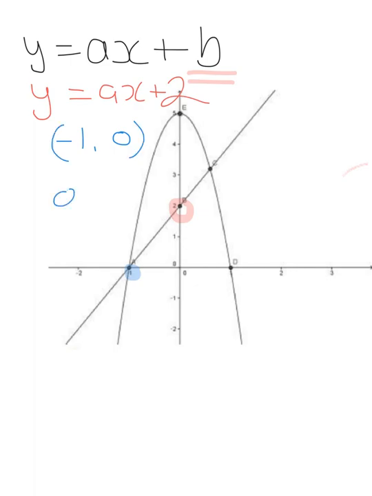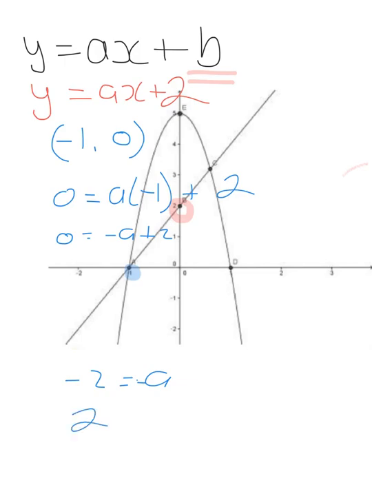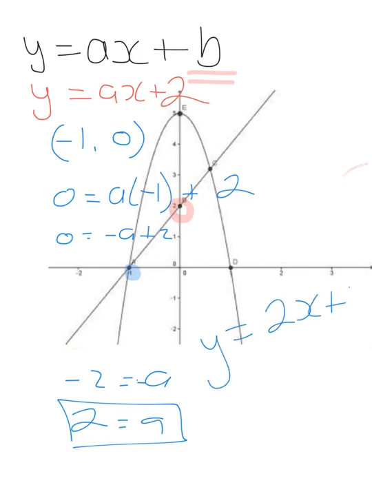So that will be 0 is equal to a(-1) plus 2. Solve for a, I get 0 is equal to minus a plus 2. Minus 2 is equal to negative a in this case. So therefore 2 is equal to a. So my function is therefore y equal to 2x plus 2.